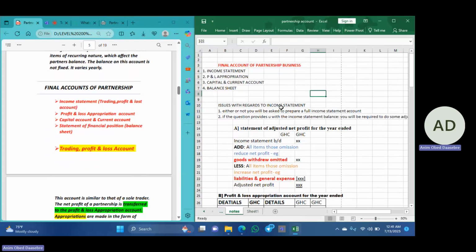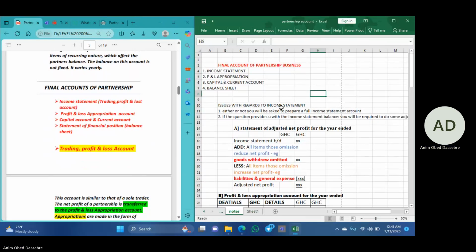So this profit will have to be shared among the partners in the business. That gives us what we call the profit and loss appropriation account. So the reported profit, or adjusted profit, that you determine in the income statement will be shared among the partners in the business.